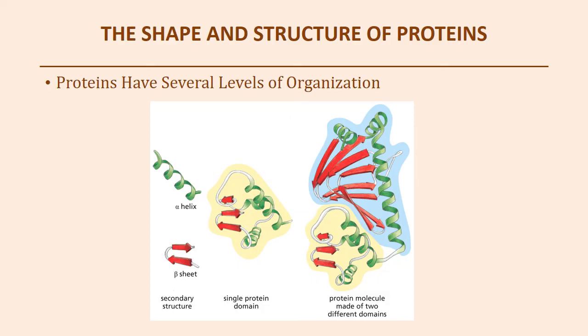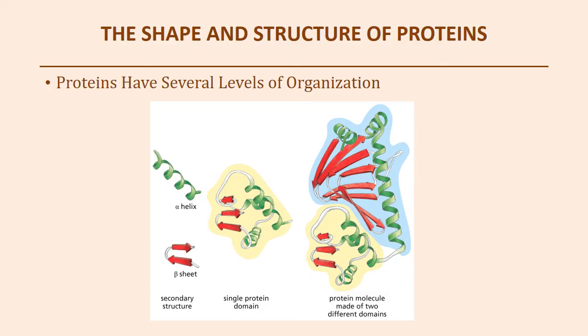So as we get towards the end of our shape and structure analysis, just please keep in mind that the structure of a protein is very complex, but it's also very important for its overall function. And over here, what we're seeing is another example of how a protein can have several layers of organization, and part of that will relate to the intricate shape it will have in order to ultimately function as we need.